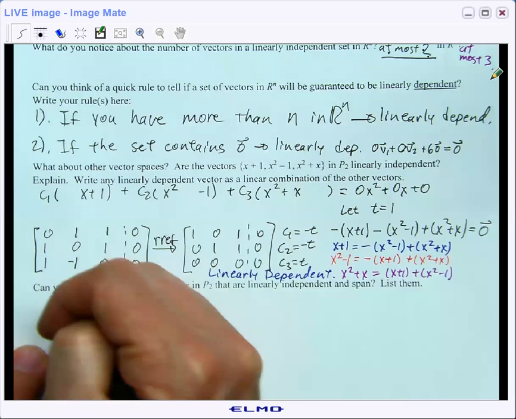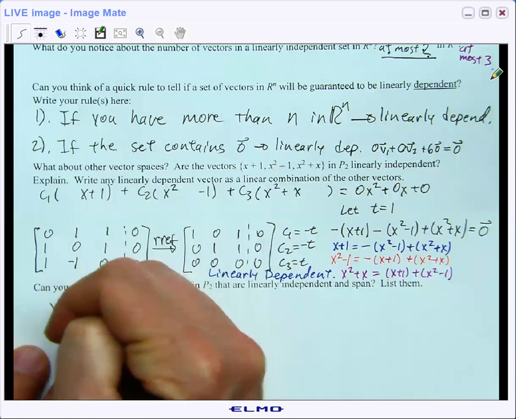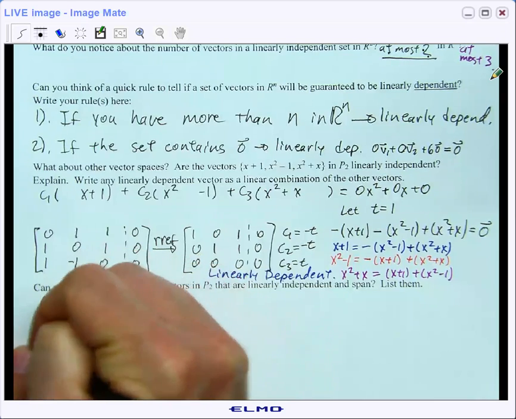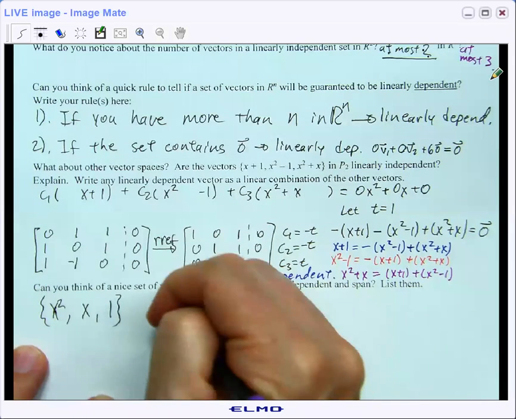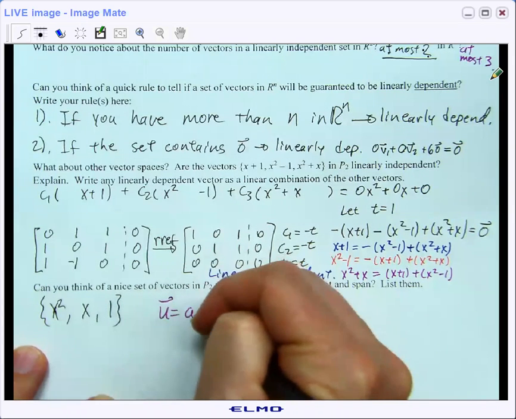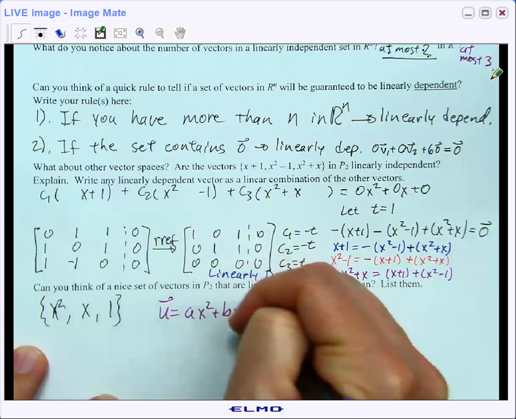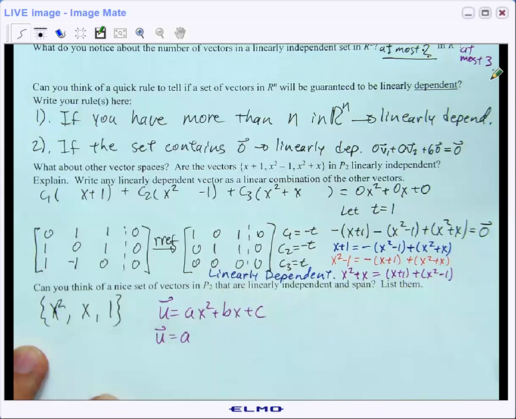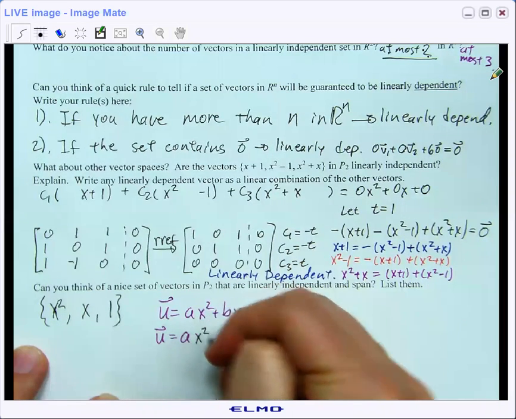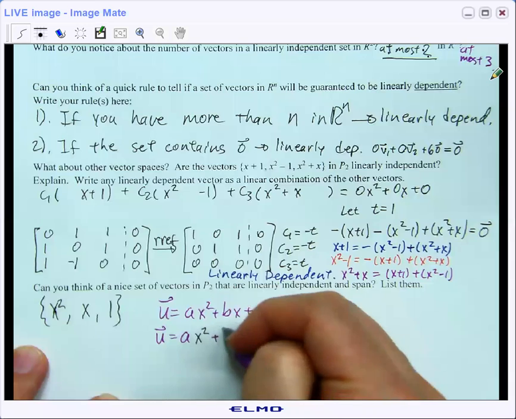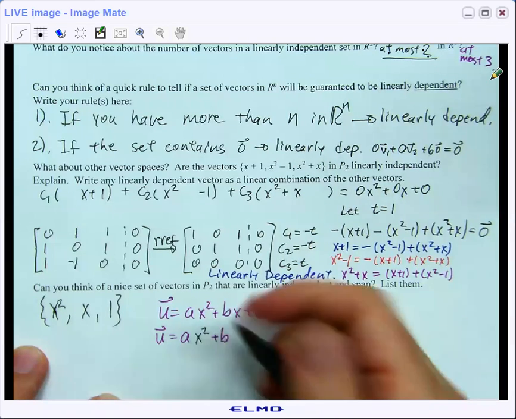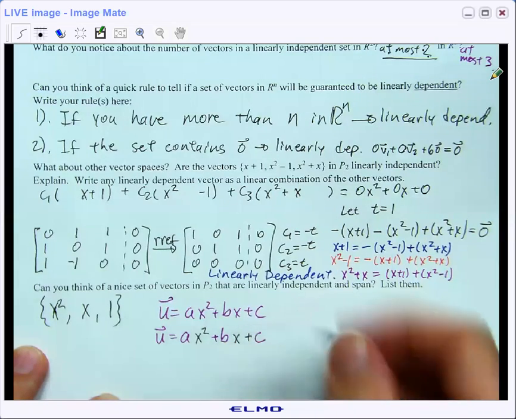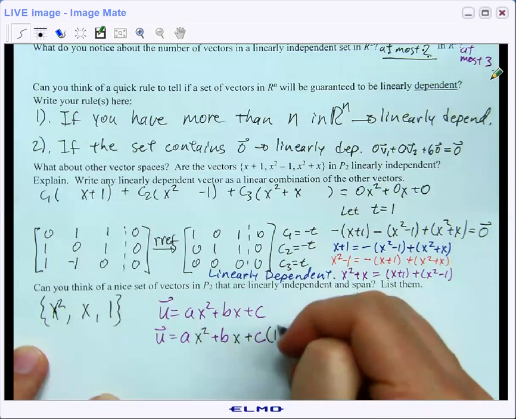Okay. I came up with x squared, x, and 1, because if I want to make any vector u being ax squared plus bx plus c, I can write u as a times the x squared vector plus b times the x vector plus c times the 1 vector.